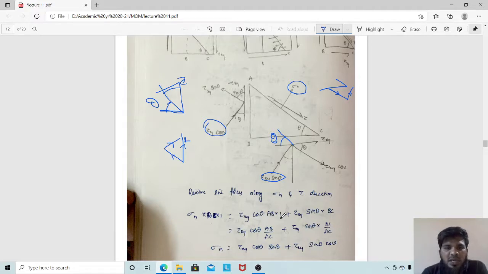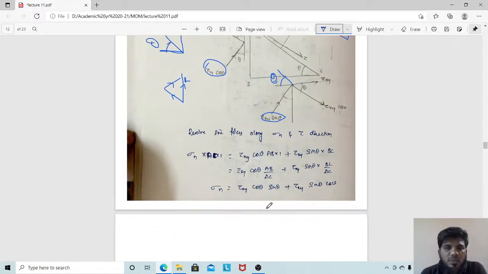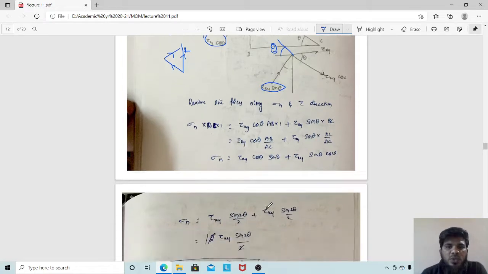See the directions; here you have to consider the direction. These two will be opposite to one another, that's why we are considering as it is. Okay, clear?